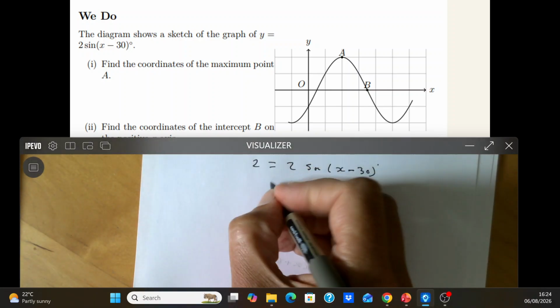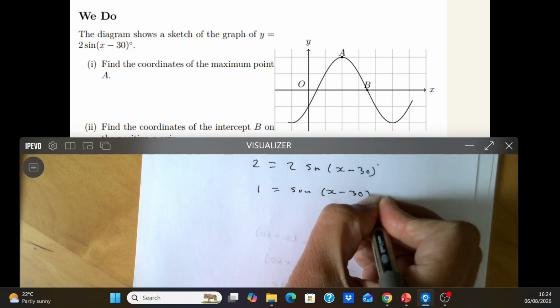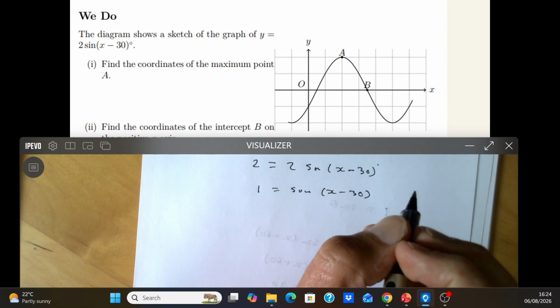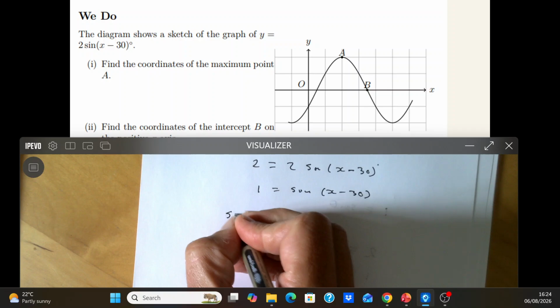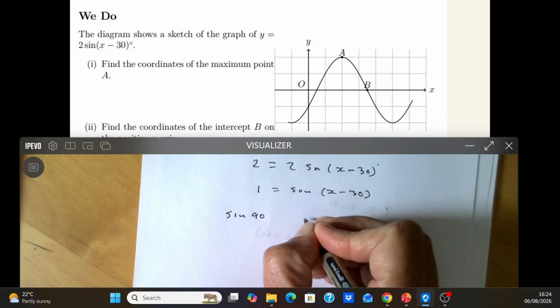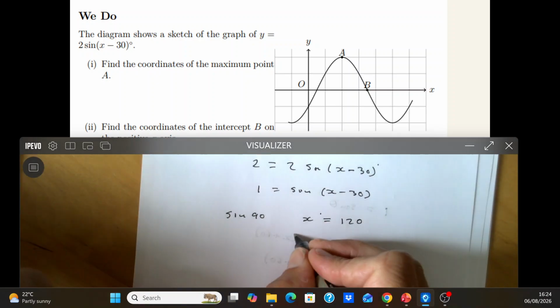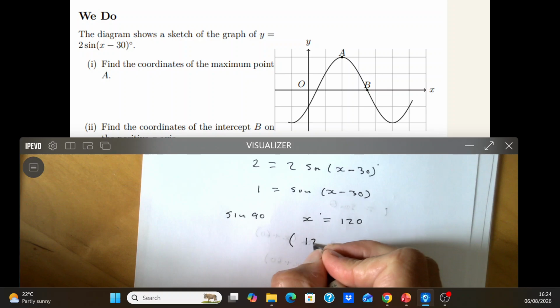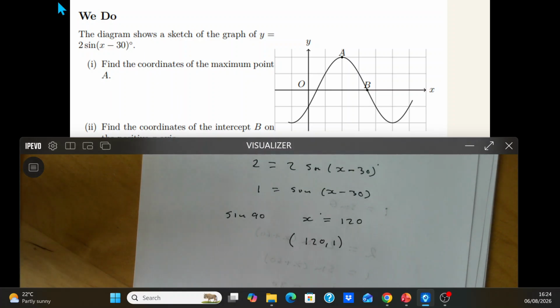So what does that mean? 1 equals sine (x minus 30). When does that equal 1? When sine 90. So x must equal 120. So the coordinates are (120, 2). So I didn't do much pausing to ask you.